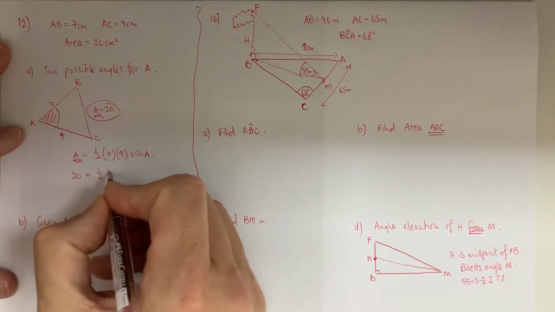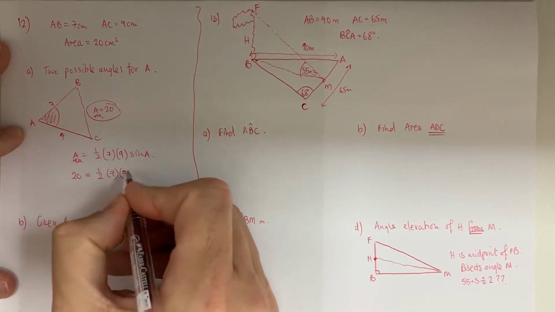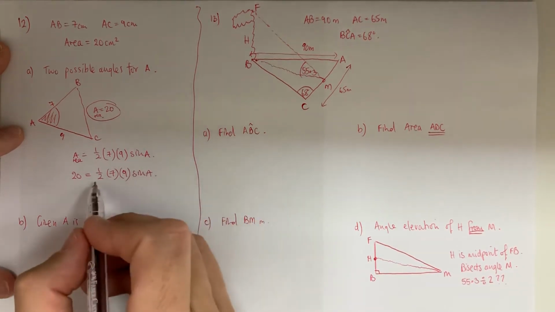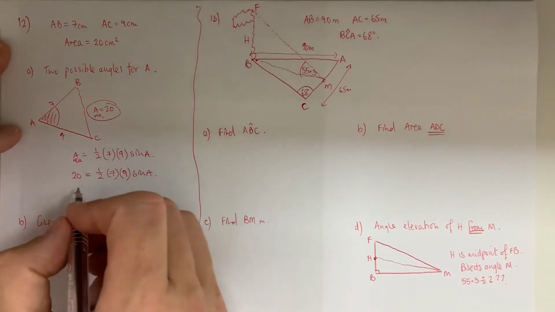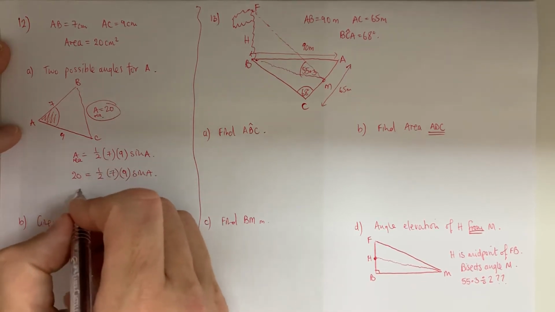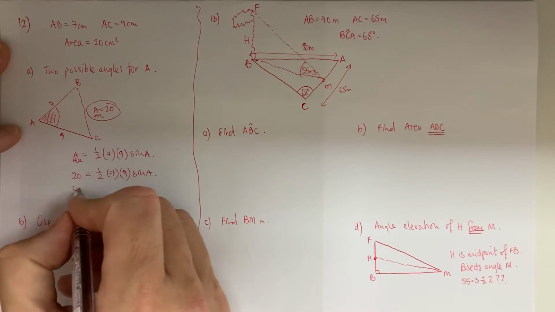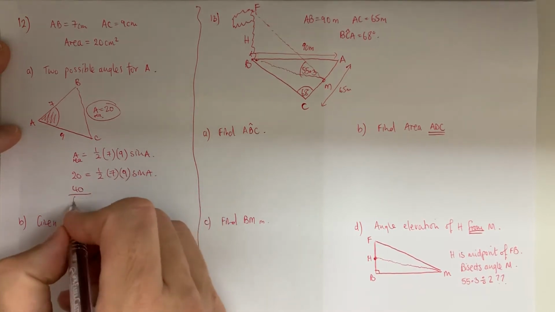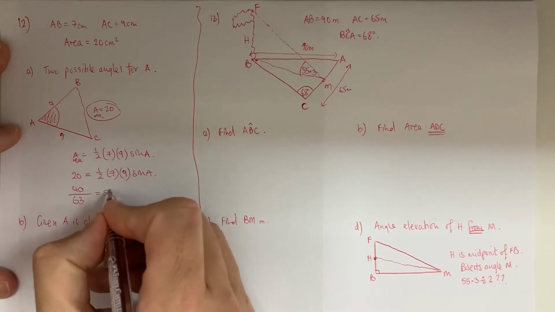A half times 7 times 9 times sine A. So it's just all about rearranging. Take the half to the other side, that gives you 40, and then divide by 63. So a half times 20 is 40. 7 times 9 is 63, take that down, 63 is equal to sine A.